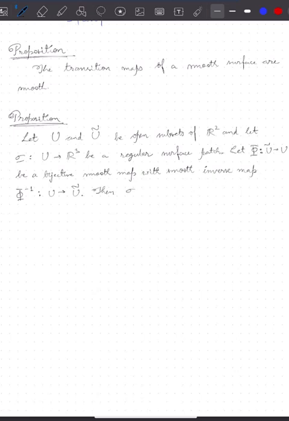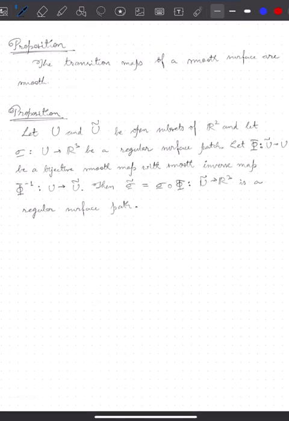Then sigma tilde, which is the composition of two maps, sigma composed with phi, the transition bijective map, mapping from U tilde to, of course, R3, is a regular surface patch.